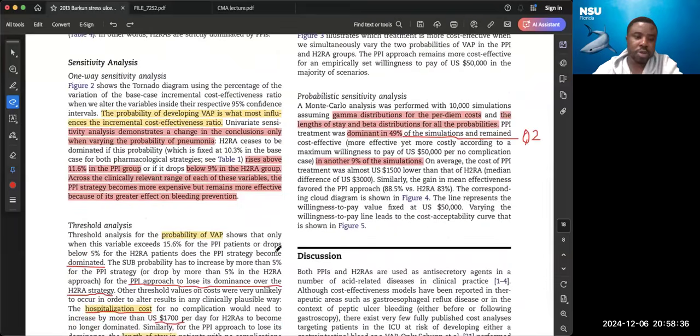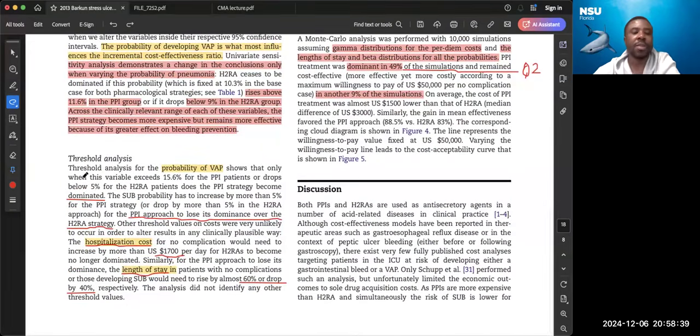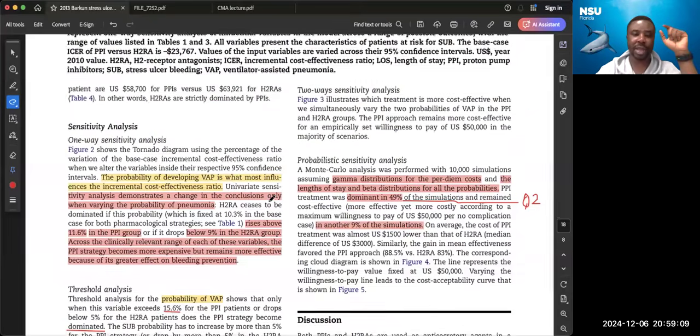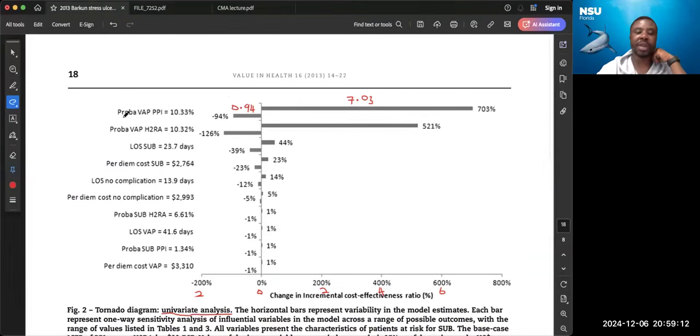Okay. So here they said that threshold analysis for the probability of VAP shows that only when this variable exceeds 15.6% for the PPI, or drops below 5% for the H2 array, does the PPI strategy become dominated. So when they were changing the two variables, remember that the probability of the VAP in the PPI was 10.33.